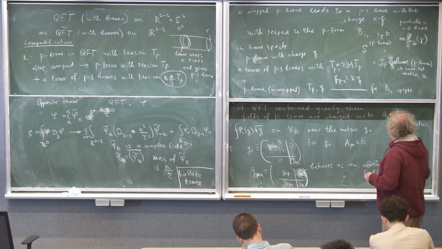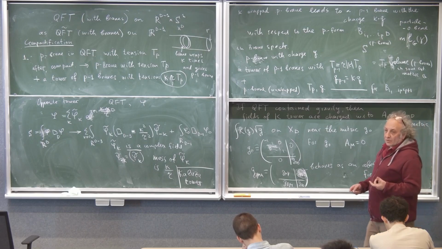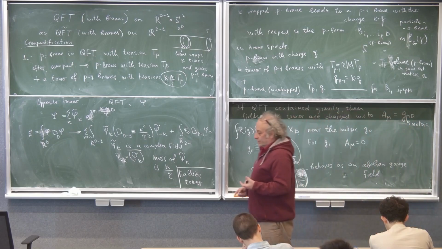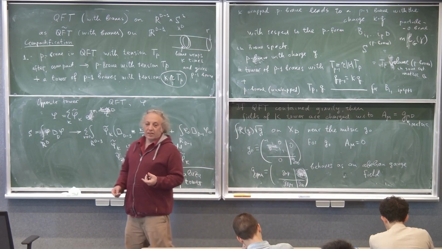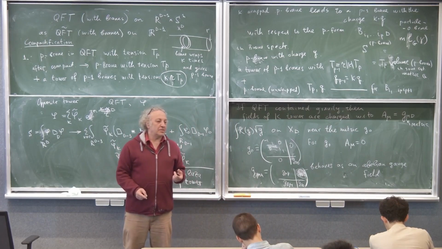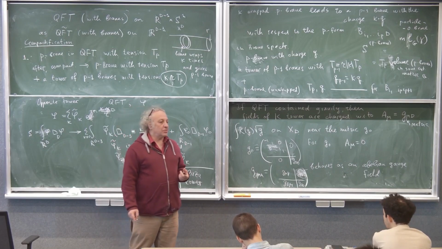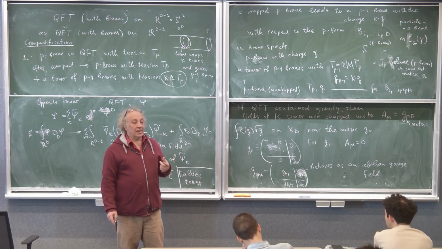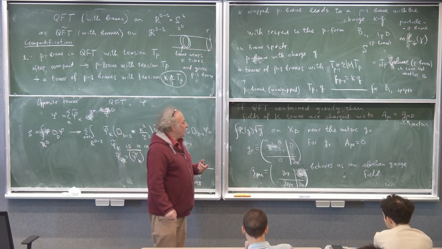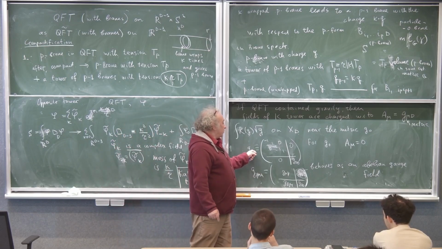So to behave as an abelian gauge field, we need to see something about gauge symmetry. And it was the discovery of Kaluza that gauge symmetry came from the isometry of the metric g naught.